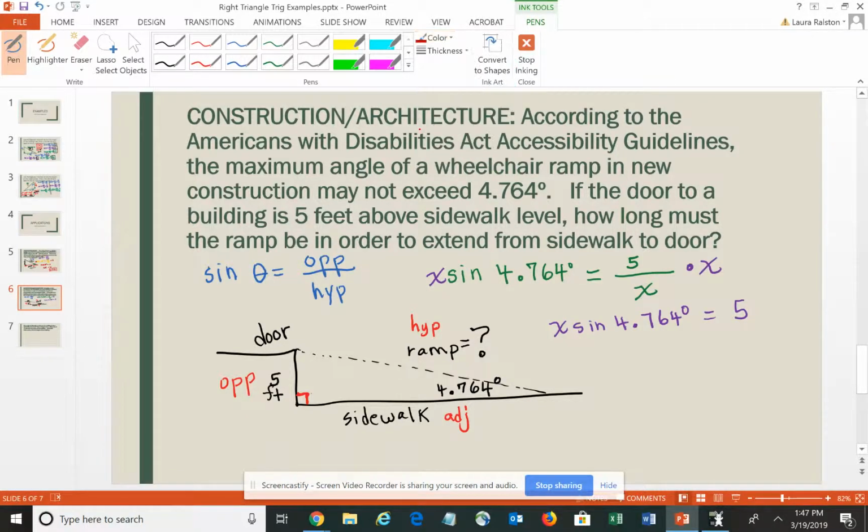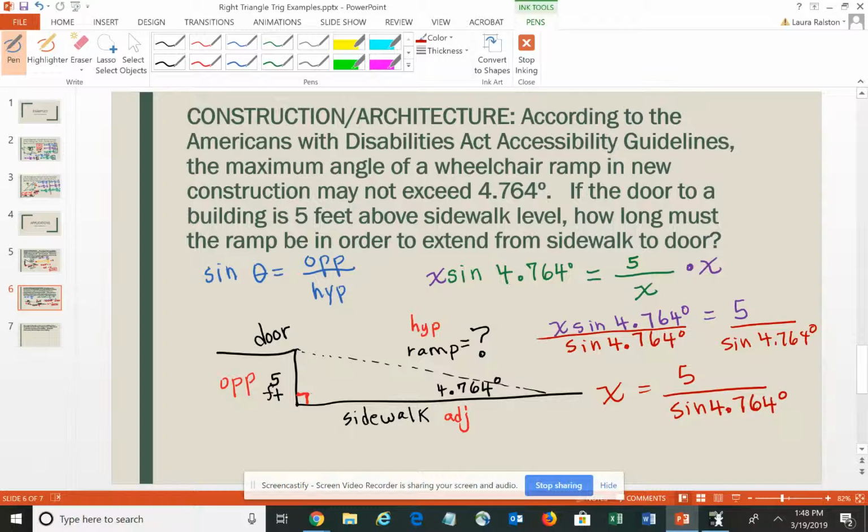So to isolate the x, I'm then going to divide by the sine of 4.764 degrees. So x is 5 divided by the sine of 4.764 degrees.